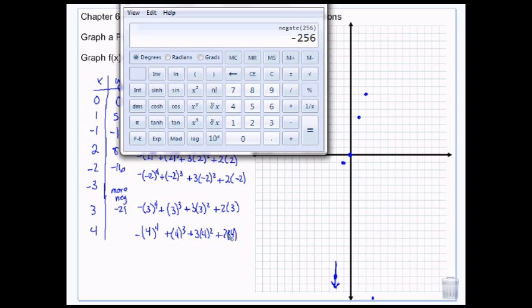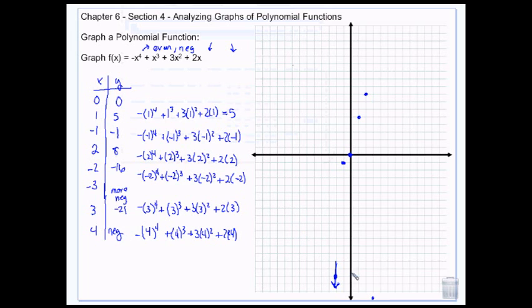Do you guys see that? So that's also going to be a negative number. So I know now that this side is doing this. So I'm going to connect my dots. And, you know, my lines aren't pretty, but you get the general basis of the shape of the graph.